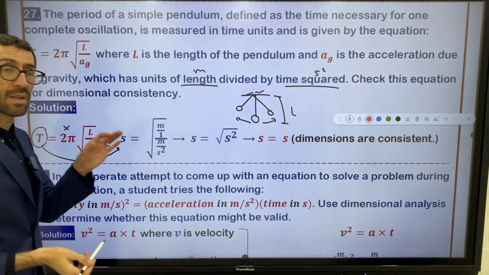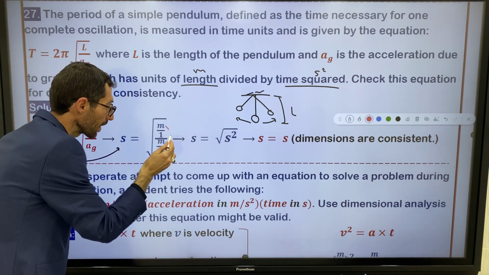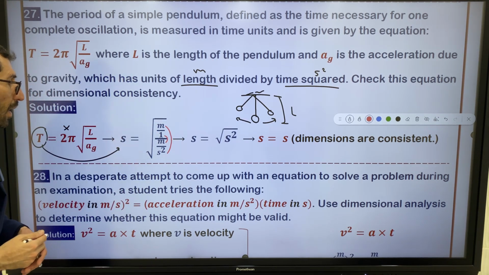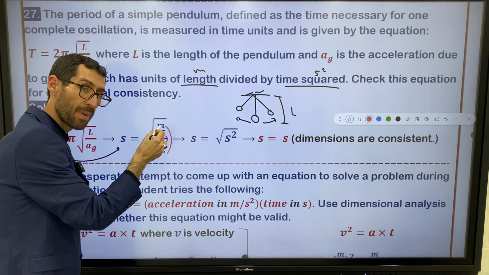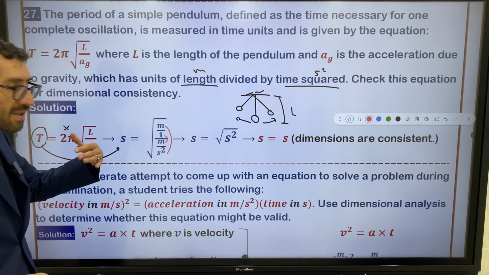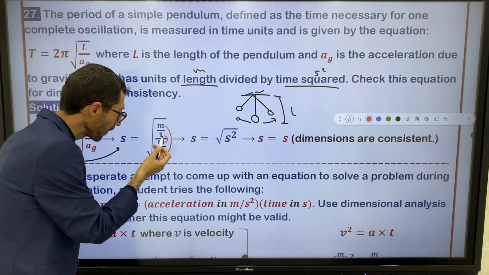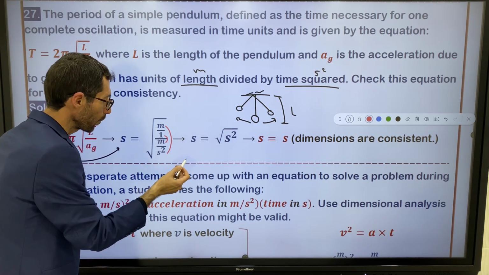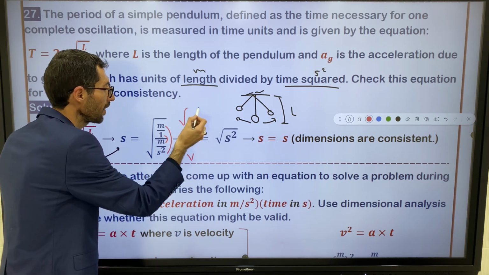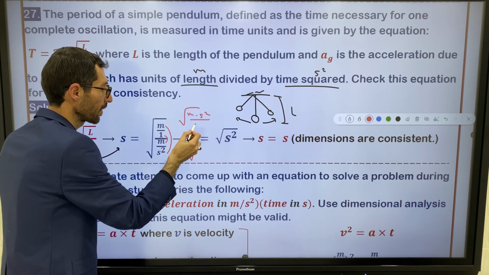Every time I want to solve a problem, I repeat this technique. Whenever you have two fractions divided by one another, the far part with the far part, multiply these variables, and they go to the numerator, and the near with the near. So under the square root, we have meter second squared divided by meter.